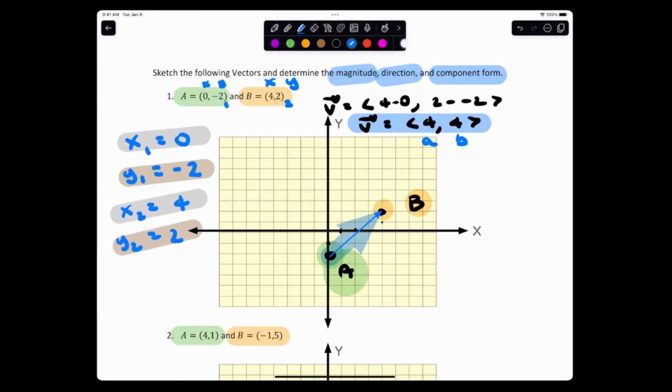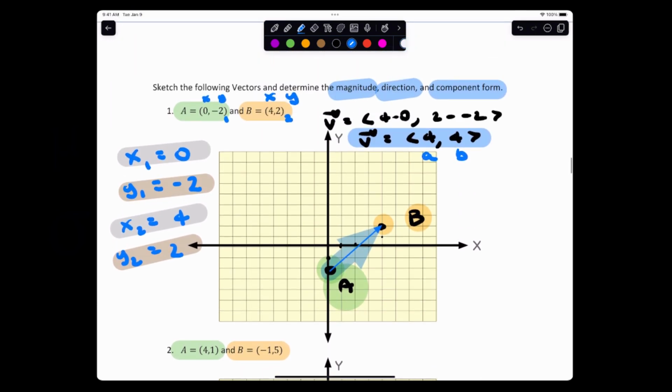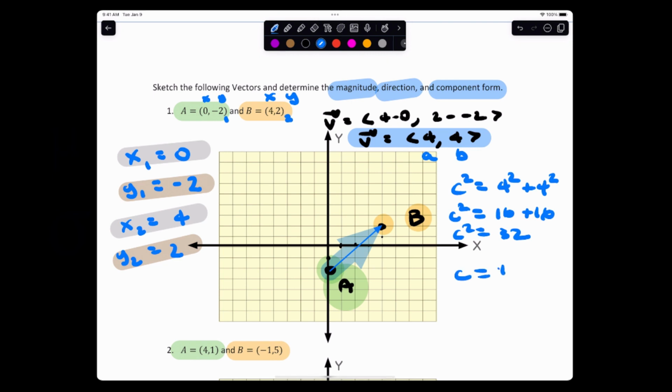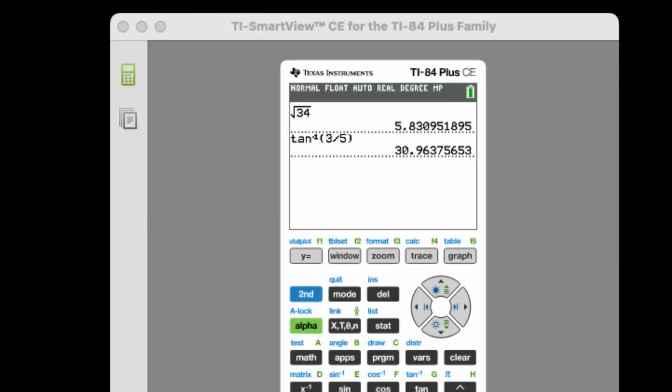Now, let's get the magnitude. How do we get the magnitude? I wish I had more space here. Sorry about that. Let's do c squared equals 4 squared plus 4 squared. Isn't that 16 plus 16? What's that going to give you? 32. So c is going to be plus or minus square root of 32. And I'm going to use my vector notation. Okay, so let's get out the TI now.